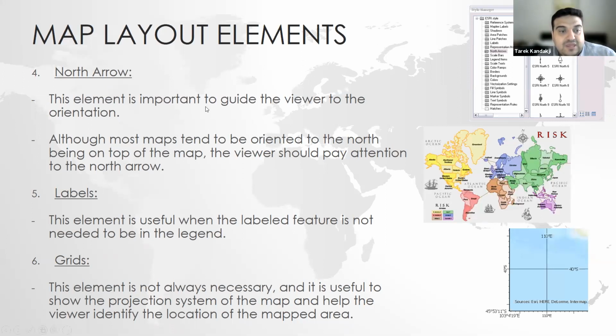The labels. This element is useful when the labeled feature does not need to be in the legend. For example, with country names, you cannot color code each country in the world.